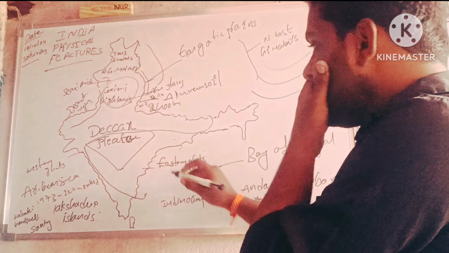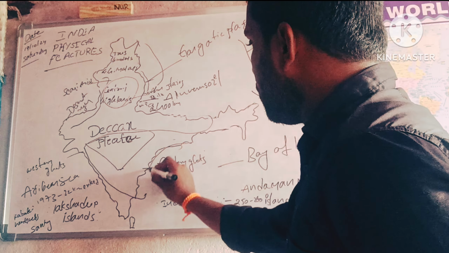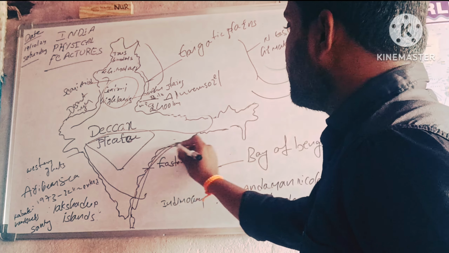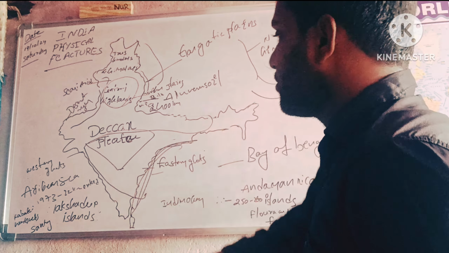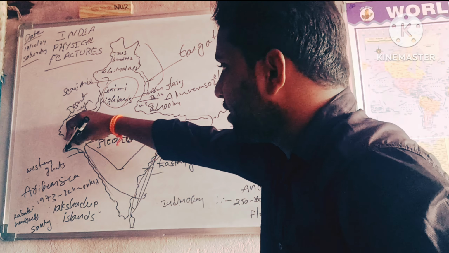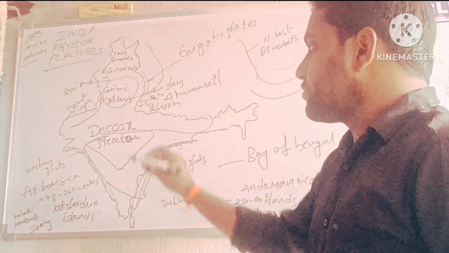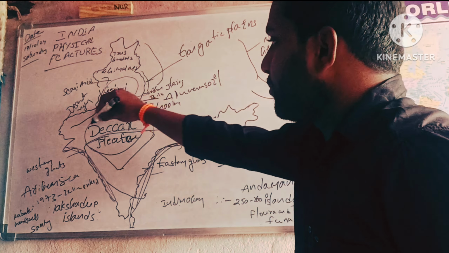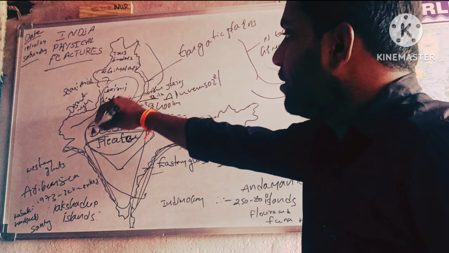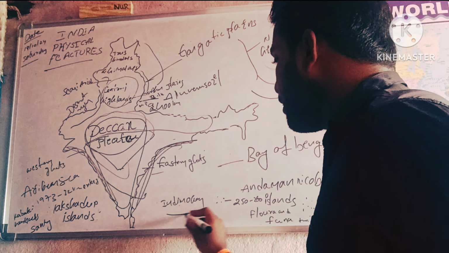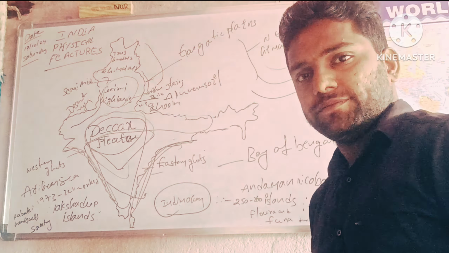Then the Eastern Ghats. This area we call the Eastern Ghats on our India map, and this area the Western Ghats. These are all the Deccan Plateau. In the middle we call it the Indian Ocean. In the olden days Indians lived in the east and west, and the middle region we call the Indian Ocean.